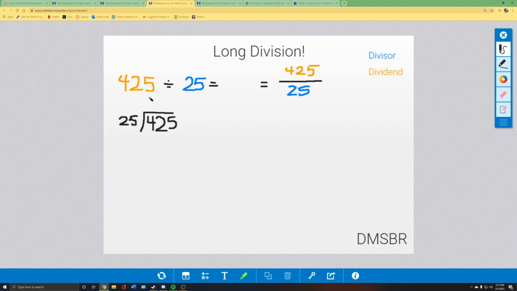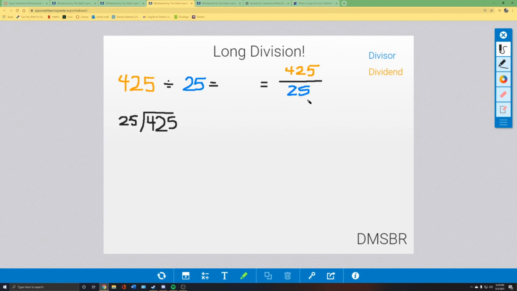We have 425 divided by 25. Here I've got the divisor and dividend color coded just so you can see them, and we're going to do the problem right here. You will most likely see a problem like this: 425 with the division symbol and the 25. Sometimes it looks like this, where the dividend is over the divisor, and this is also where fractions come in.